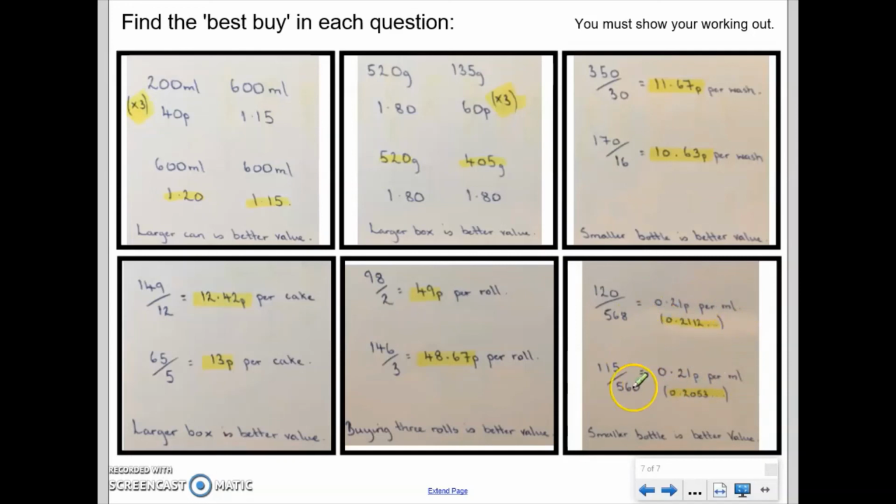So in question 6 in particular, we need to consider looking at more decimal places. And when we do extend it slightly, you can see that the smaller bottle is very slightly cheaper. But mathematically, it is cheaper. It is our best buy.